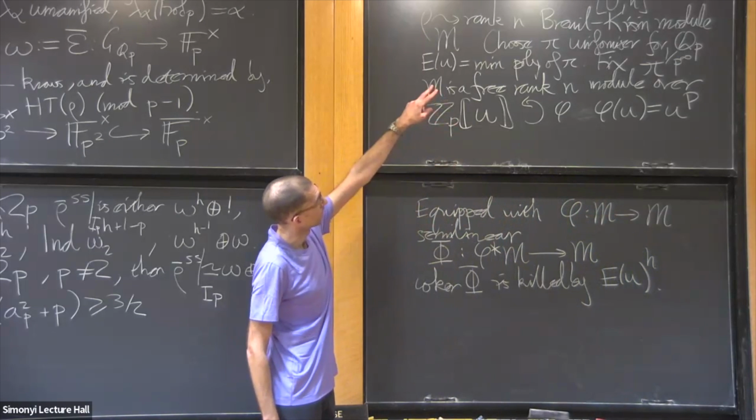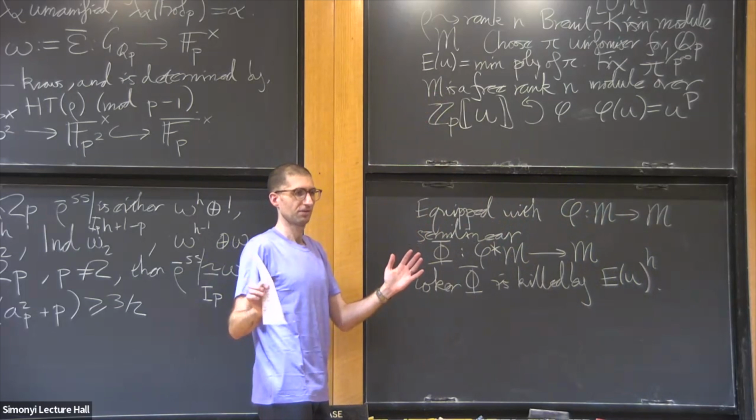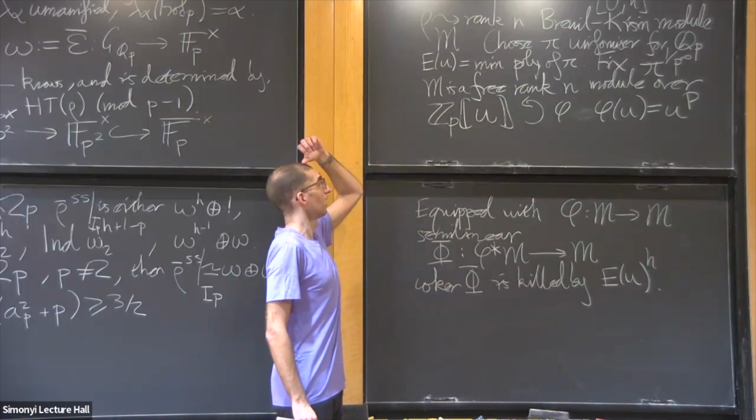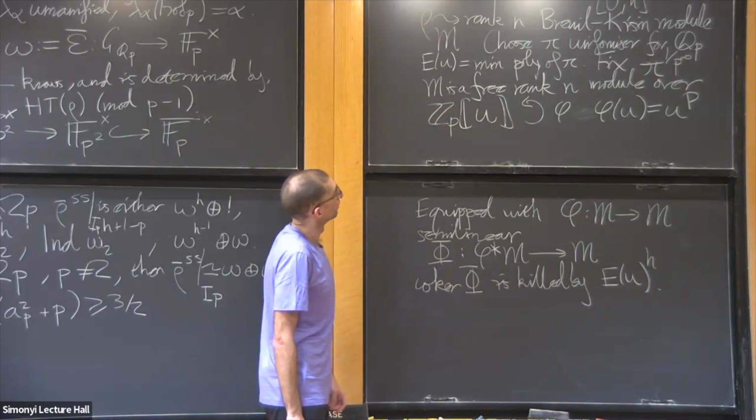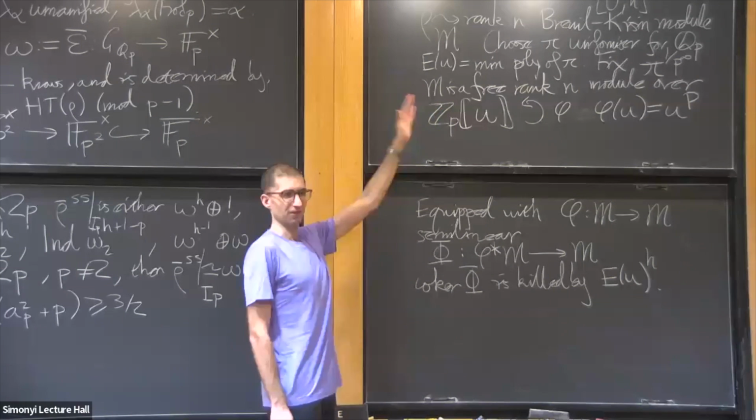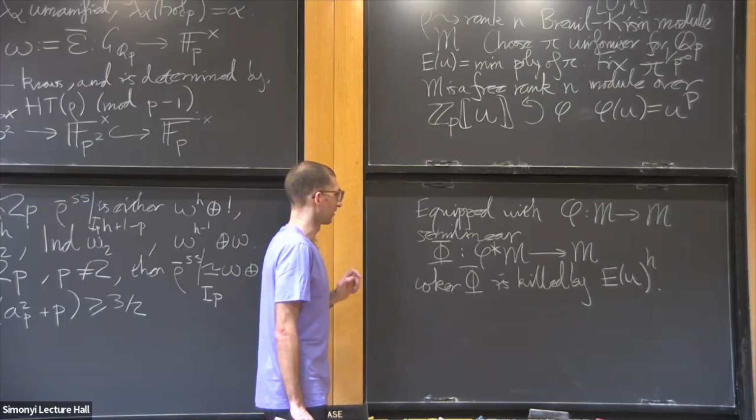So I made this assumption that the Hodge-Tate weights are between 0 and h. Again, h was positive, and I can always make that assumption after some cyclotomic twist. I'm going to do that.